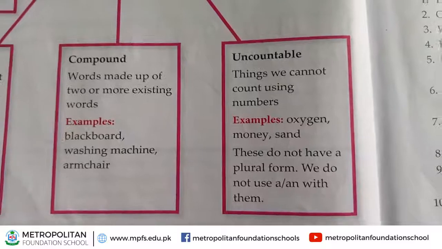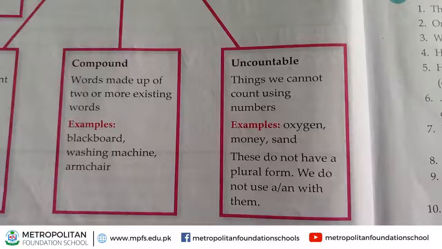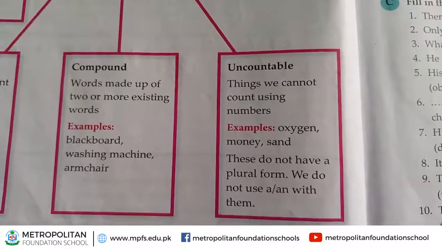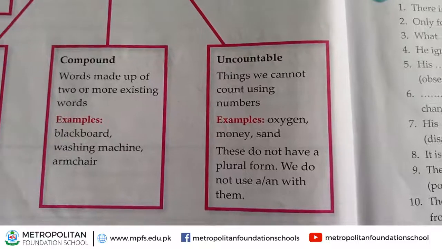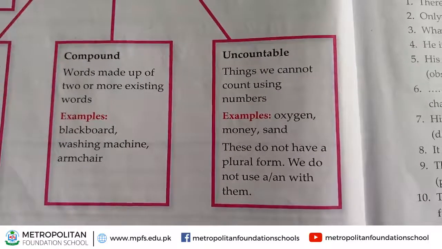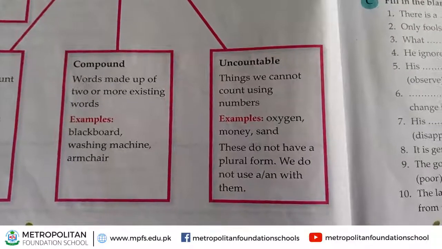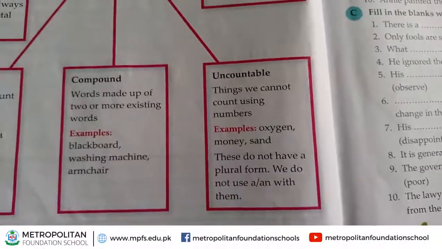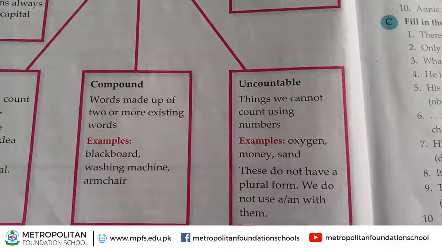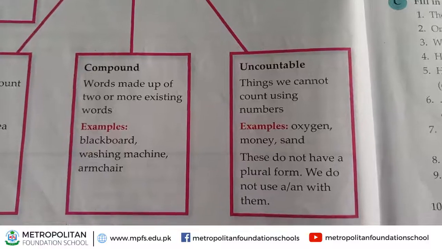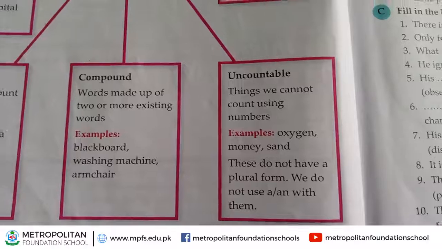Now come to the topic of uncountable nouns: things we cannot count using numbers. That's called an uncountable noun. It means the things we cannot count with any kind of number or any kind of measurement. Examples are oxygen, money, sand.